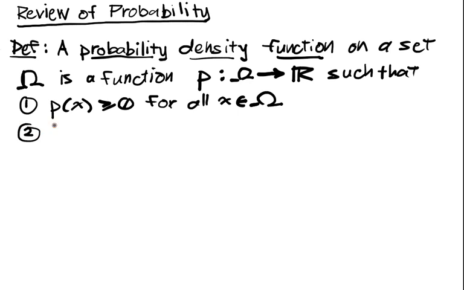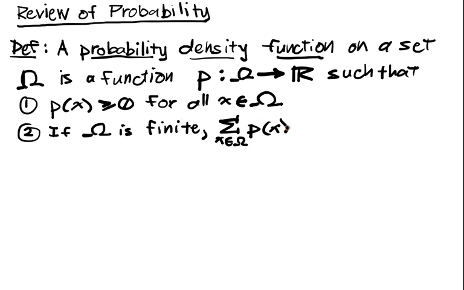Two, if omega is finite, the sum over x in omega of p of x is equal to 1.